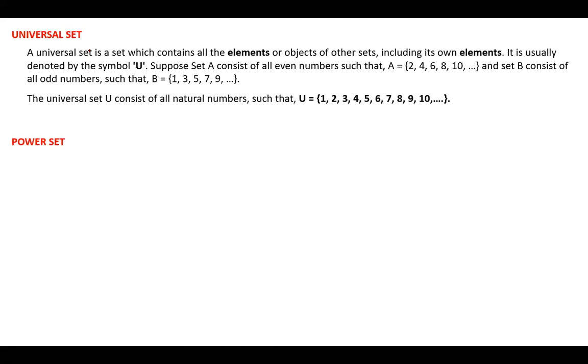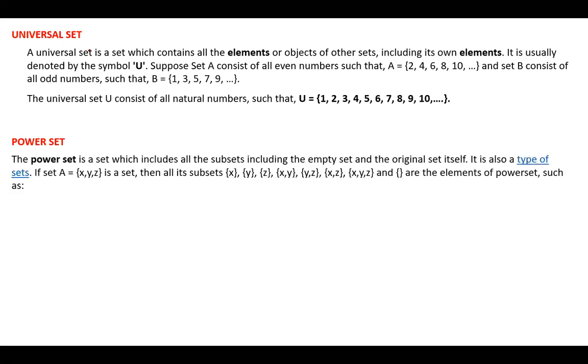Then what is a power set? A power set is a set which includes all the subsets, including the empty set and the original set itself. It is also a type of set. If set A is equal to {x, y, z}, then all its subsets are these.